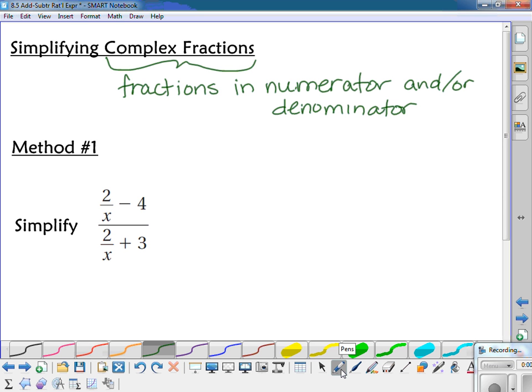One way is to write the numerator and denominator as a single fraction. So basically, I'm going to get a common denominator for the top and get a common denominator for the bottom.